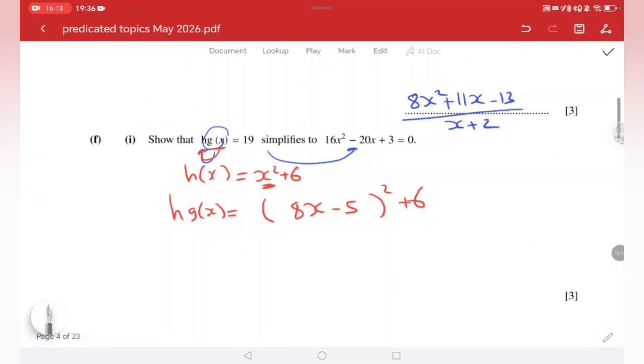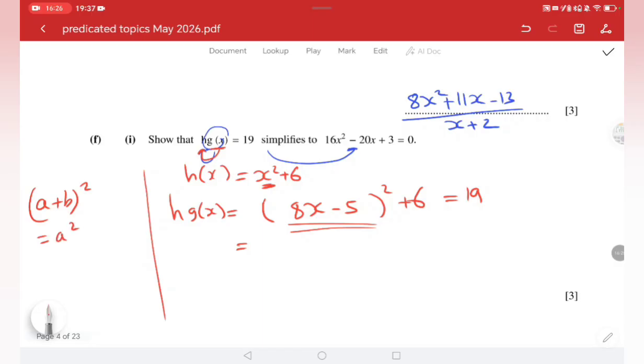Okay, so let's expand. All of this equals 19. The way I usually like to expand is a plus b squared equals a squared plus 2ab plus b squared, just to be faster. Or if you don't know, you can multiply the two brackets.